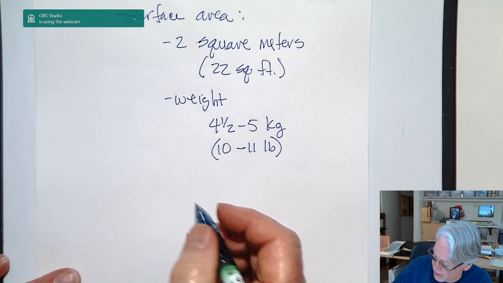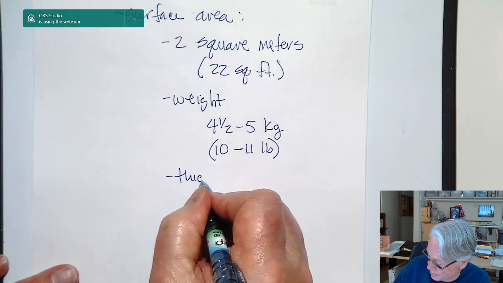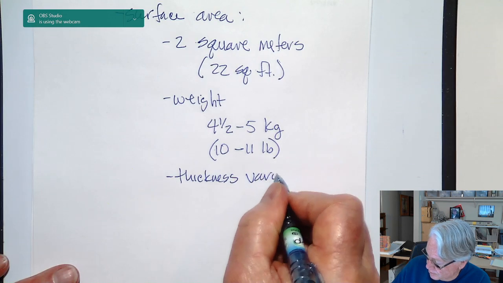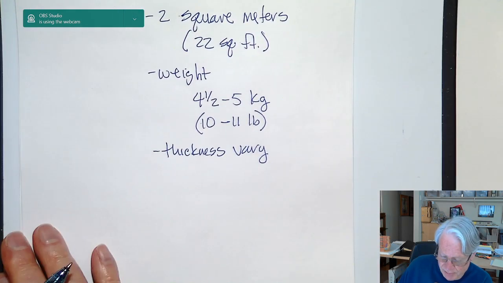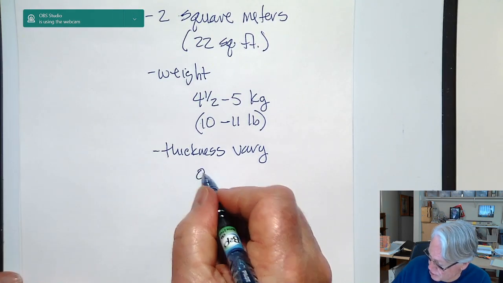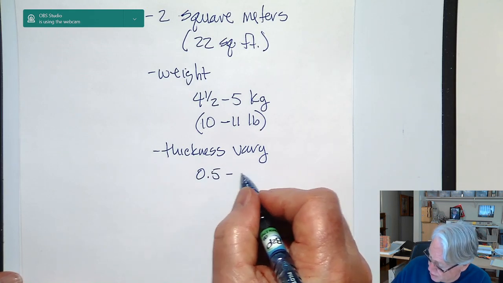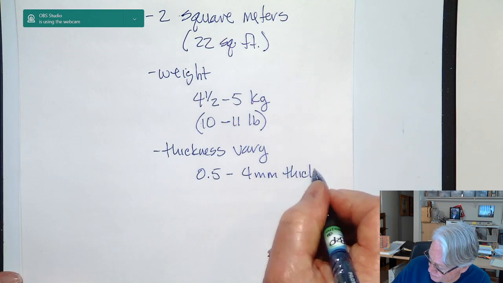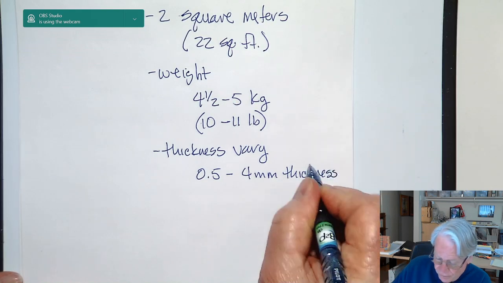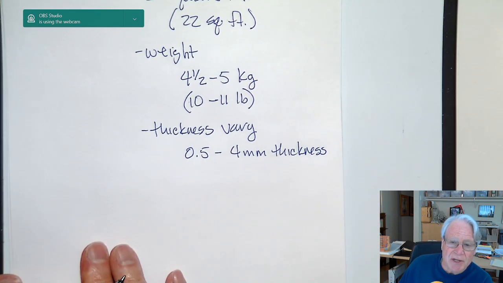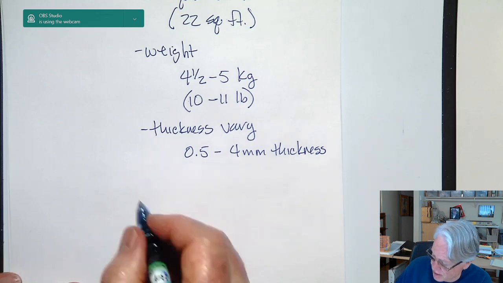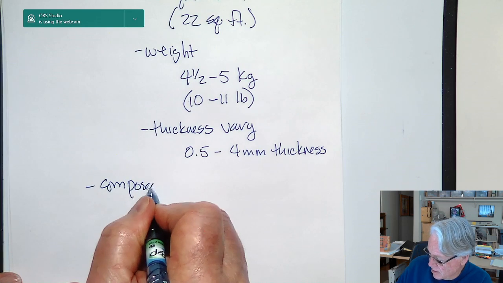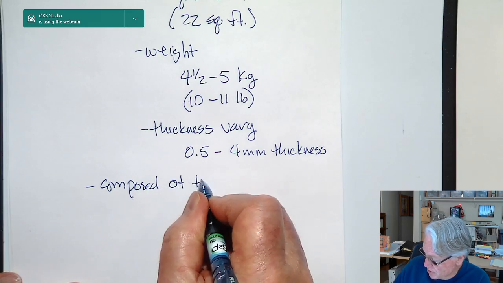Okay. Its thickness is going to vary depending on where you are in the body. So anywhere from 0.5 to around 4 millimeters in thickness. Okay. Depends on location. It is composed of two parts.